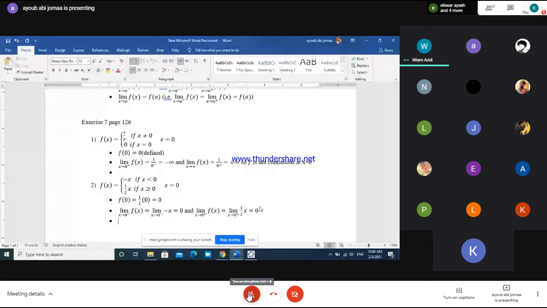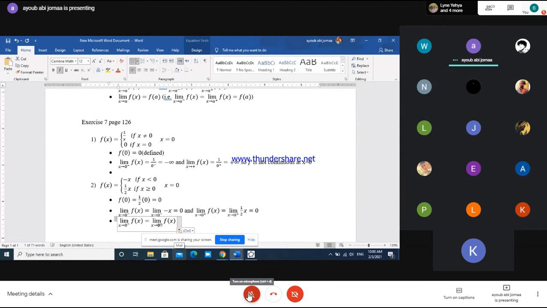Okay? There you can say the limit as x approaches 0 minus is equal to the limit as x approaches 0 plus, it's equal to f of 0. In fact, it's equal to 0.